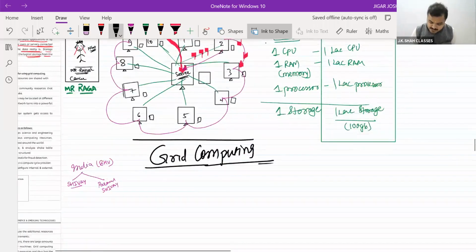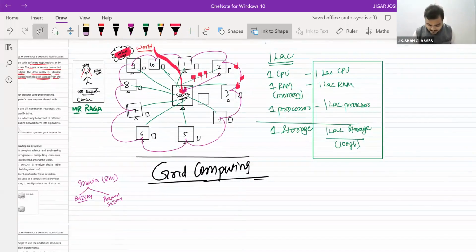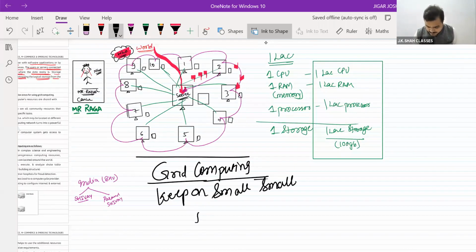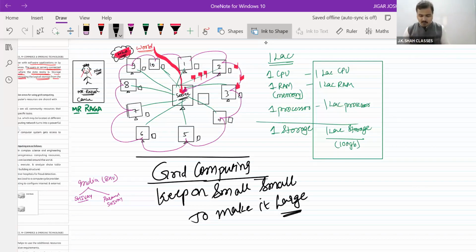The tagline for grid computing you have to remember: keep on adding small to make it large. What is the tagline of grid computing, people? Keep on adding small and make it large. Understood? Yes, sir.